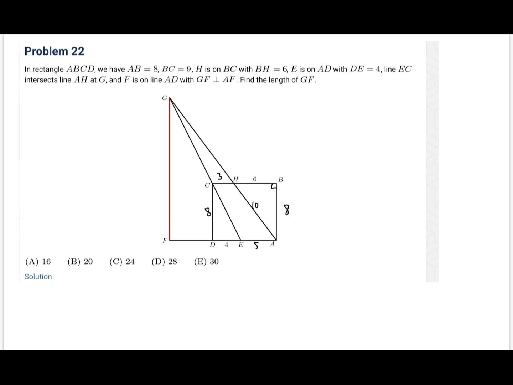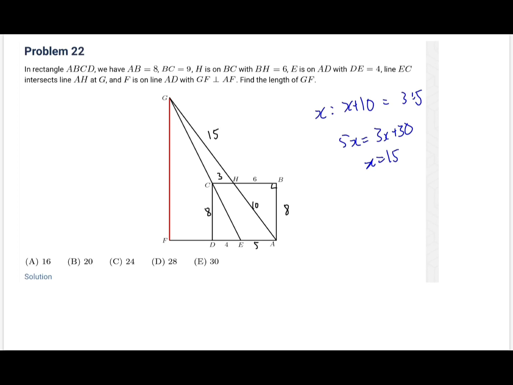So since this is 5 to 3, if this is x, then x to x plus 10 must also be 3 to 5. So 5x equals 3x plus 30. X equals 15. So this much is 15.